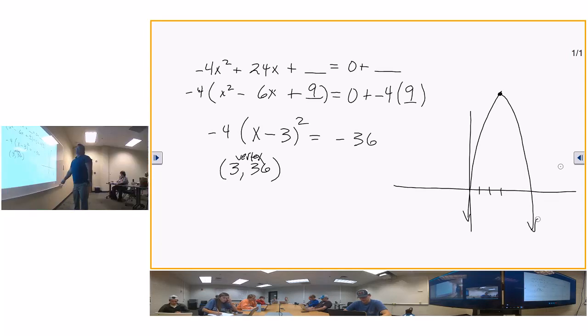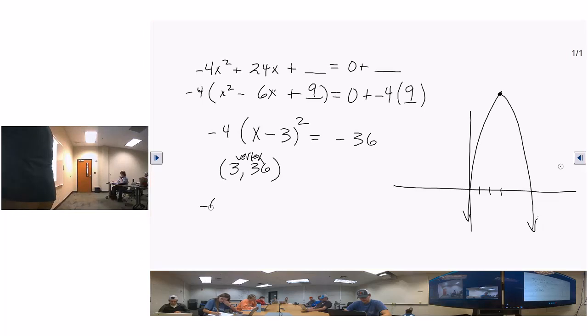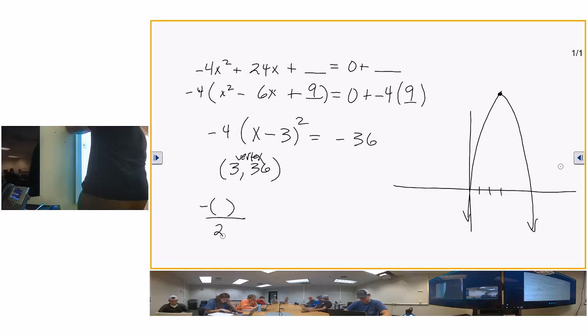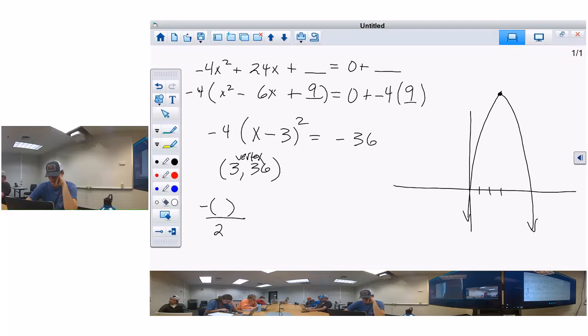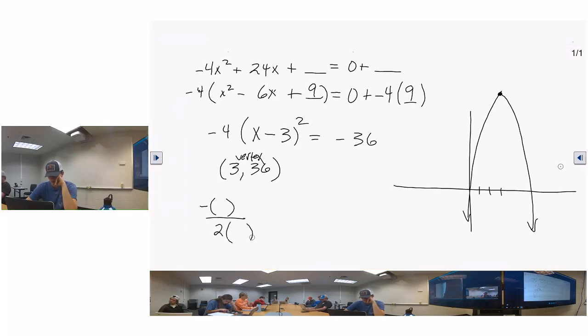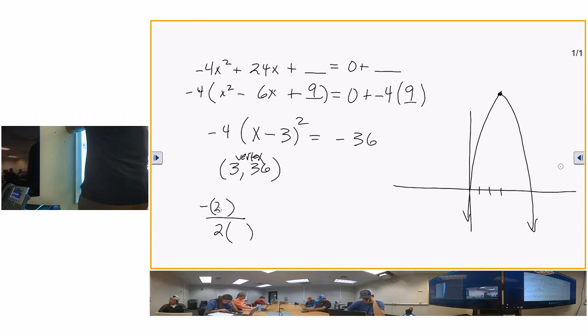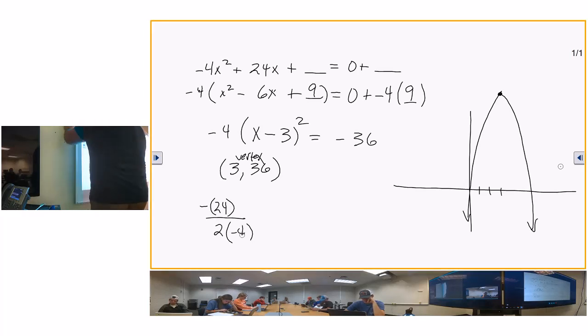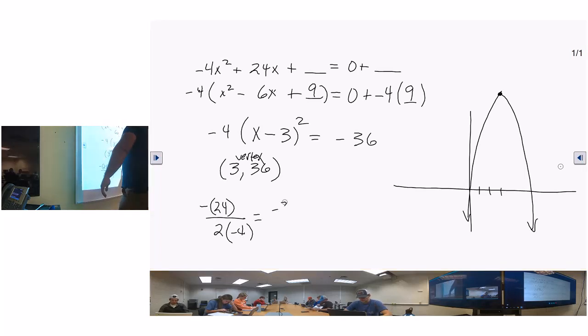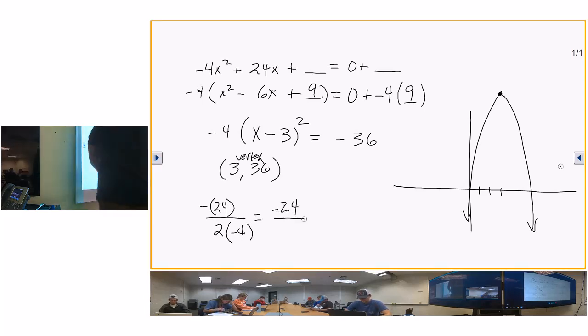Now let's check negative b over 2a. Negative b is negative 24, a is negative 4. So negative 24 over, what's 2 times negative 4? Negative 8.